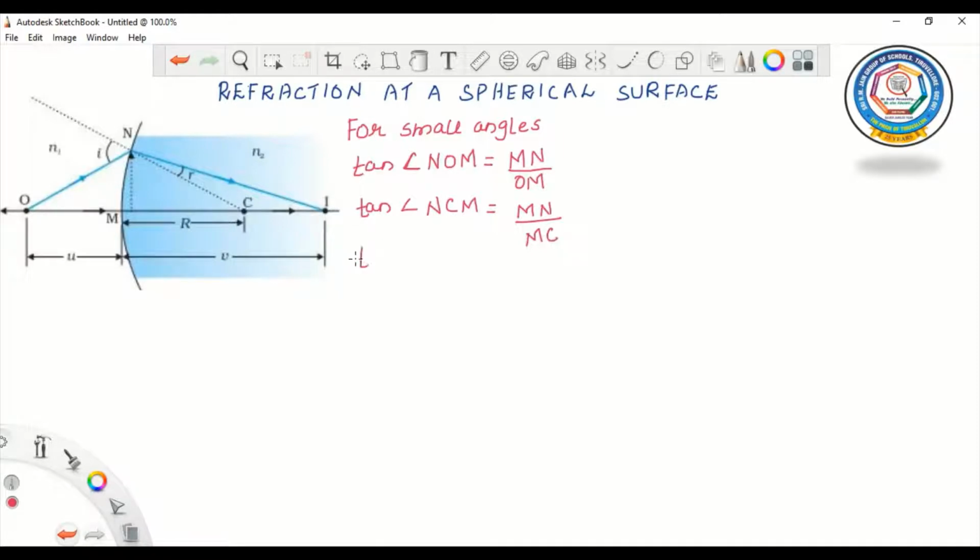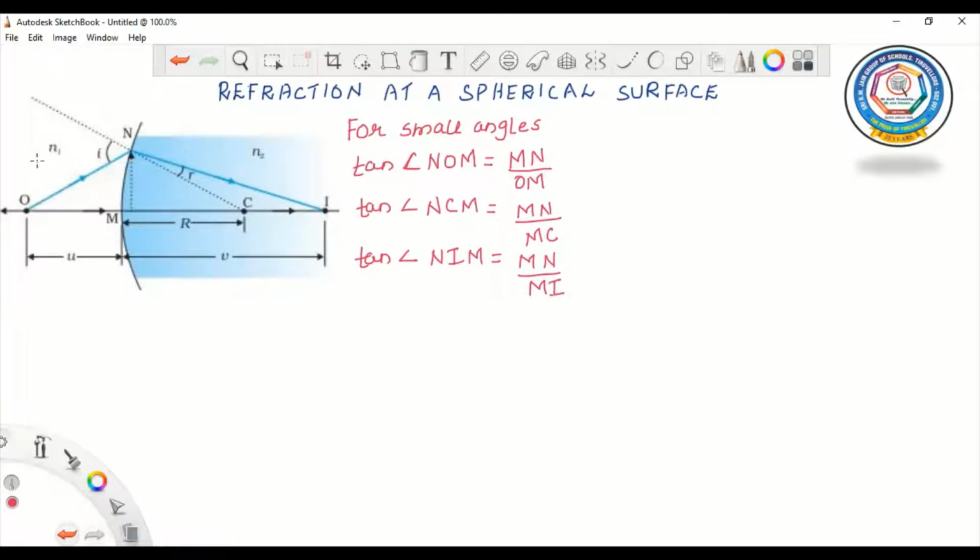Again, tan angle NIM is equal to MN divided by MI.